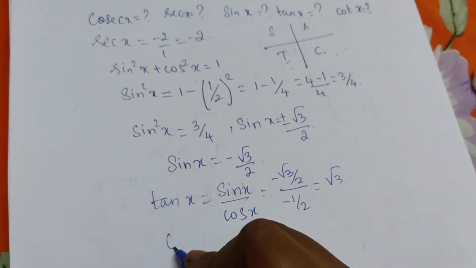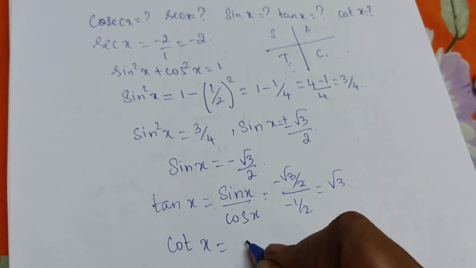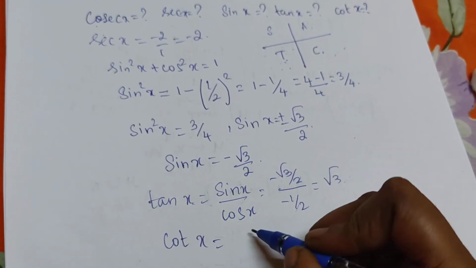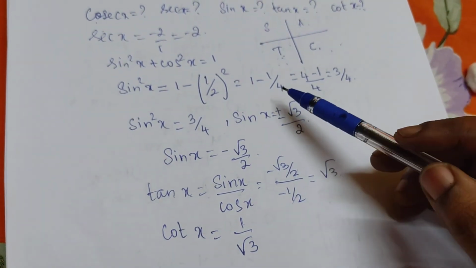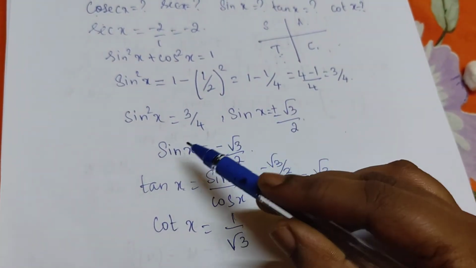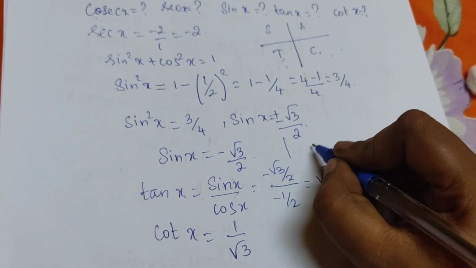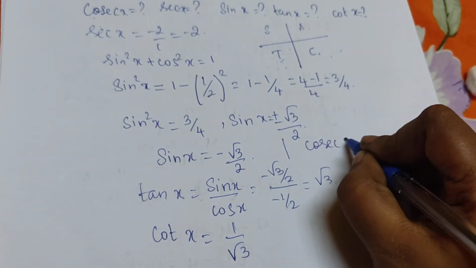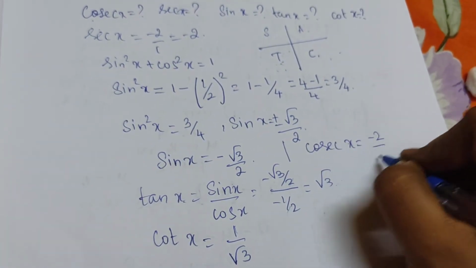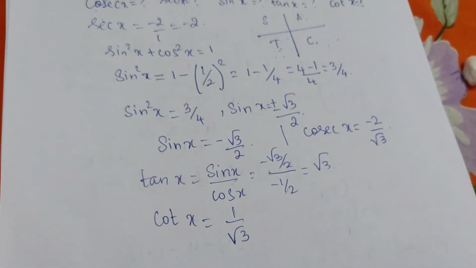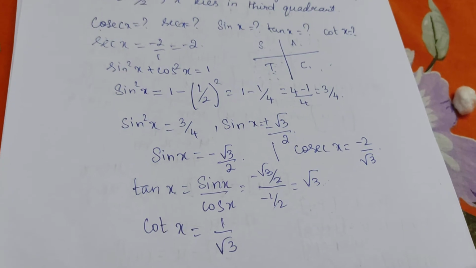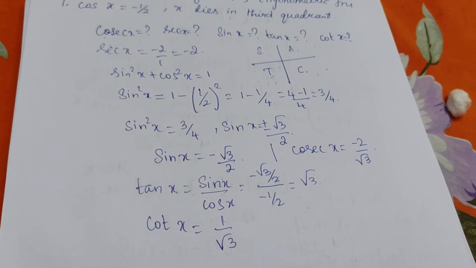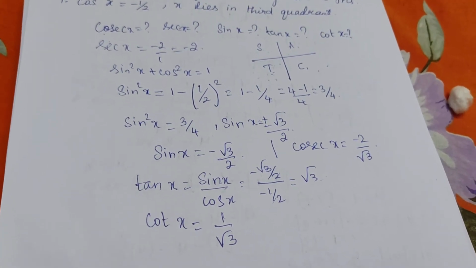Now the inverse of tan x is cot x, so 1 by root 3. And the inverse of sine is cosecant x, which will be minus 2 by root 3.